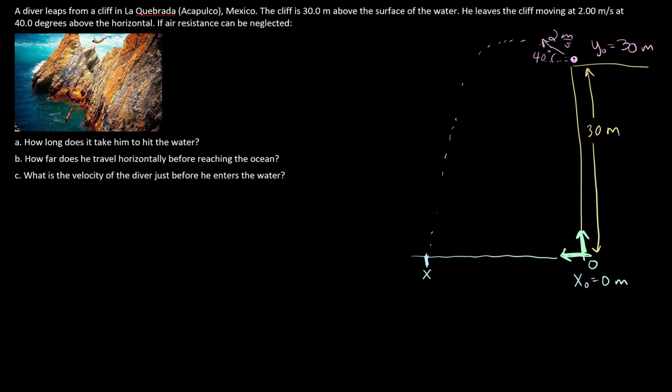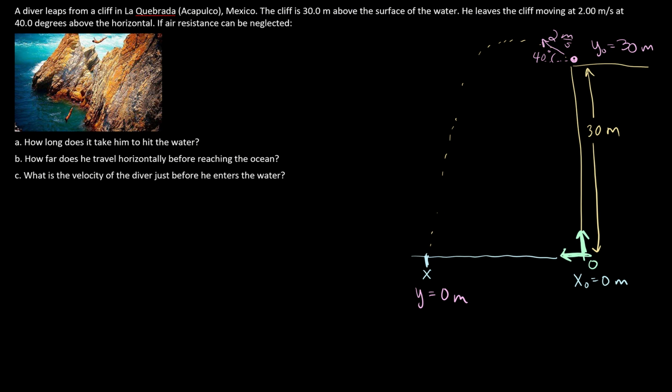We know his final y position, in our reference frame, y final is going to equal 0 meters. Let's see, did I miss anything? Okay, so there is our picture. I think I've drawn on my picture everything I'm given in the problem. I set up my reference frame.